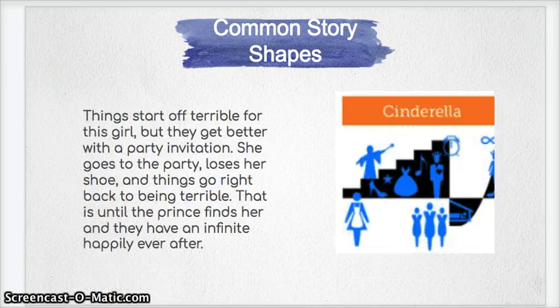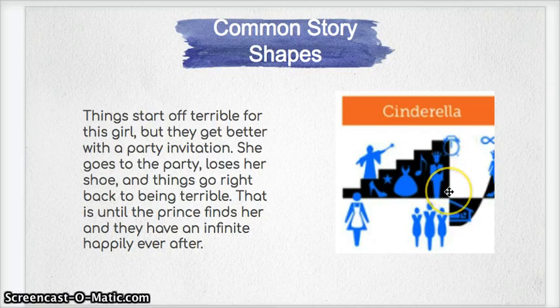Another common story shape is the Cinderella story, right? Cinderella starts off pretty low. She has an evil stepmother. She's basically a slave, but then things start to get better for her, right? She gets the invitation to the ball. A fairy godmother comes. She gets a pretty dress. She goes to the ball. She meets the prince, but then it turns 12 o'clock.